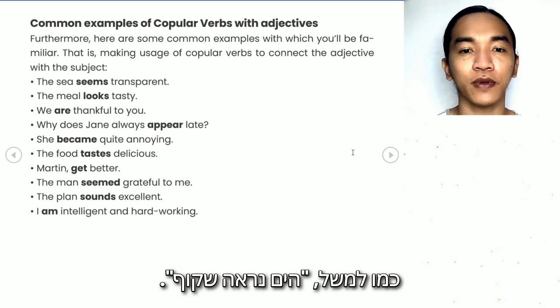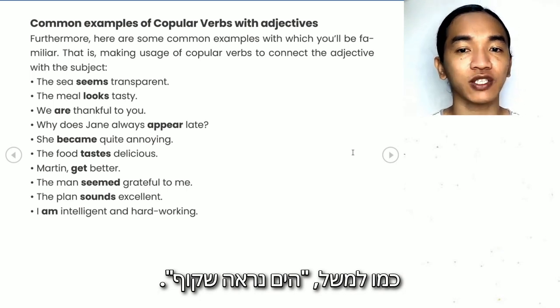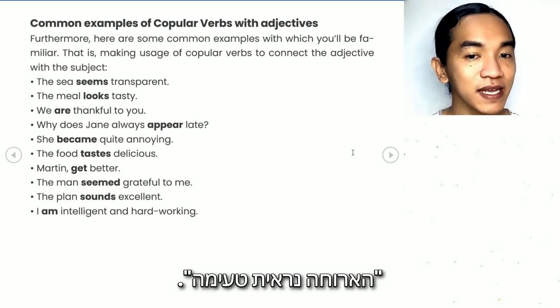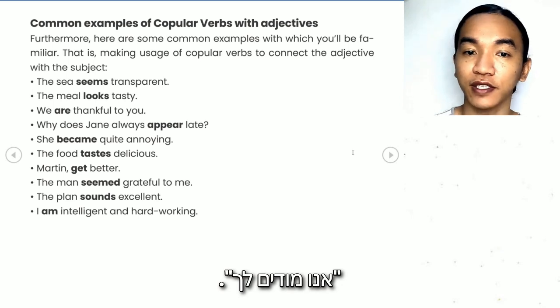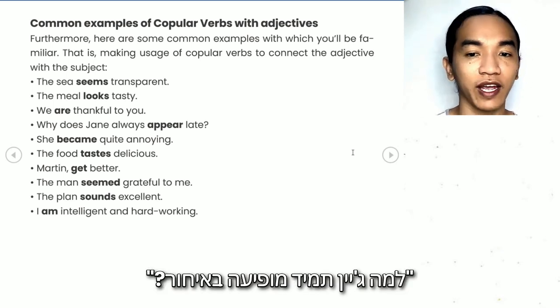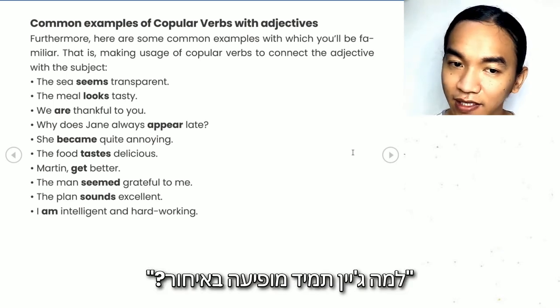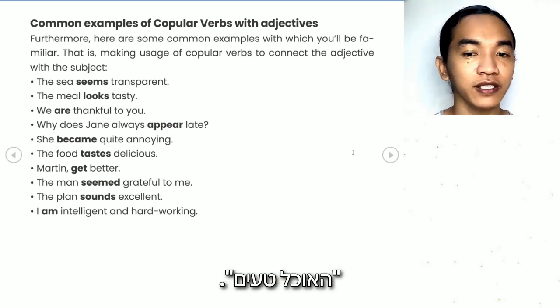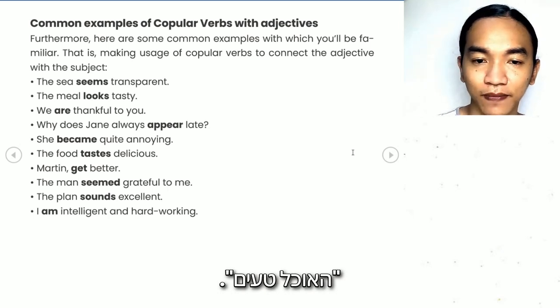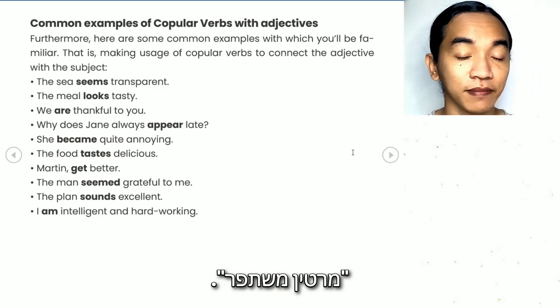For example, the sea seems transparent. The meal looks tasty. We are thankful to you. Why does Jane always appear late? She became quite annoying. The food tastes delicious. Martin gets better.